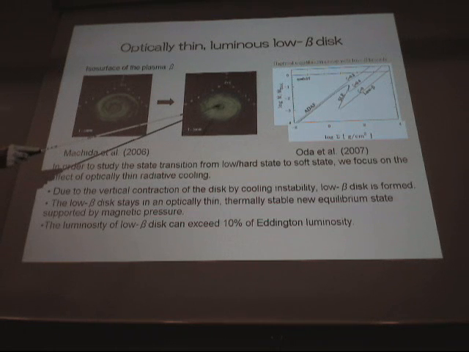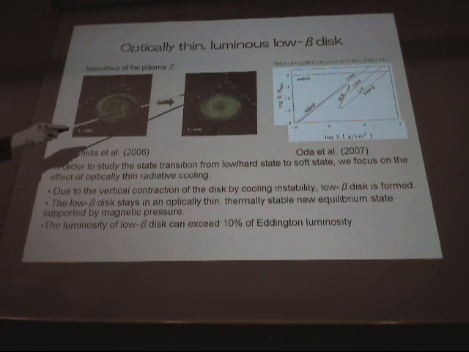But from minus 60 to 60 Schwarzschild radius, and inside near the black hole, the disk still exists in the optically thin ADAF-like solution.